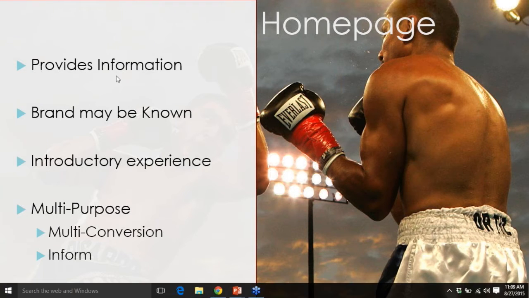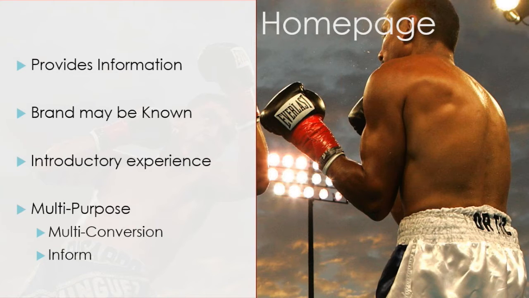Now, the other end of this is the home page. Home page, when you get there, provides information. It's an introduction. The brand may already be known. If you go to Coca-Cola's homepage, it's going to assume that you know what Coca-Cola is.